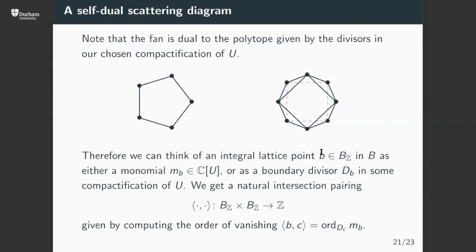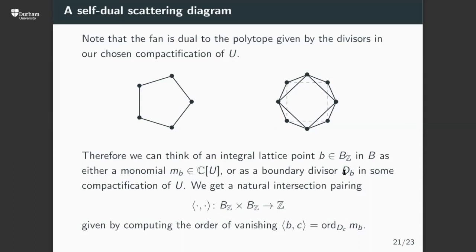And because these points have two interpretations, I can think of a point as a monomial, a special type of regular function on my variety. And in another interpretation, I can think of a point in this lattice as being a boundary divisor in a compactification of my variety.